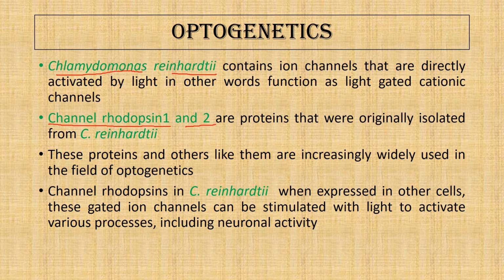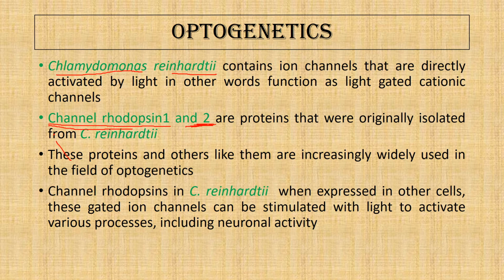These are basically light gated ion channels. These light gated ion channels can be used in the study of similar processes that happen in other organisms also, especially in our human eye.